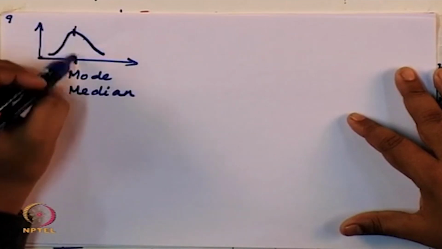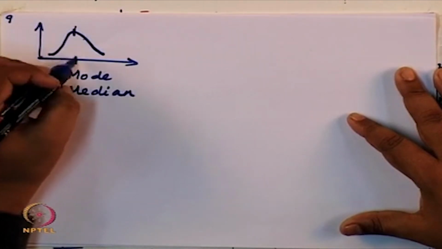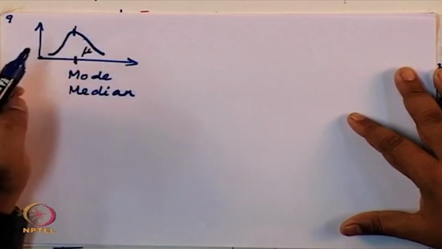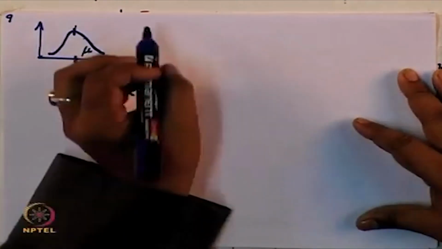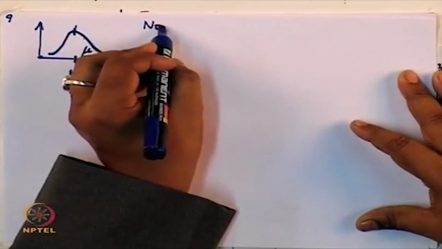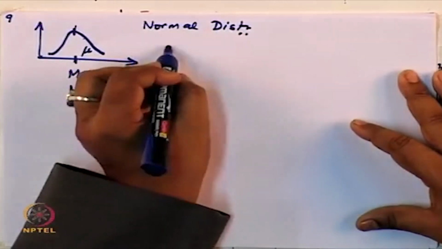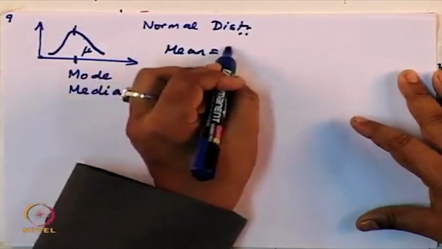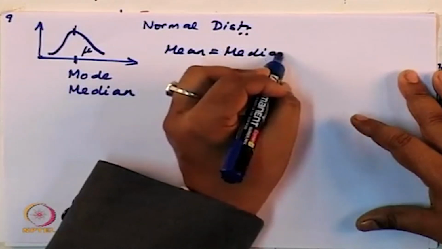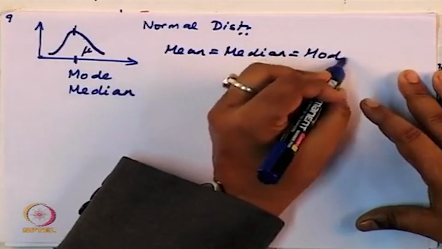So their average will always give you this particular value, which is nothing but mu. So it means that for a normal distribution, mean is equal to median is equal to mode.